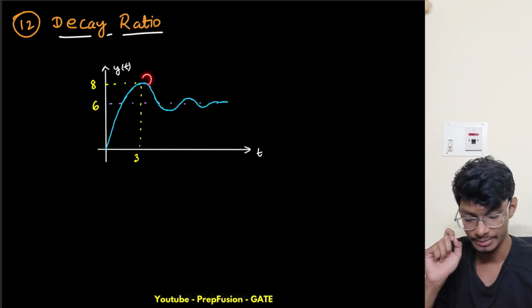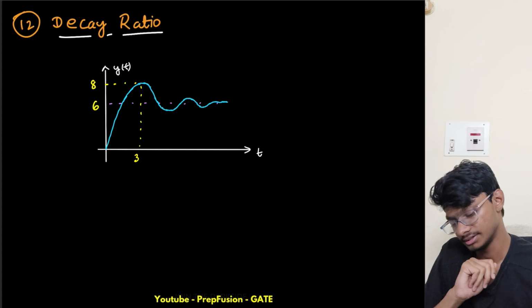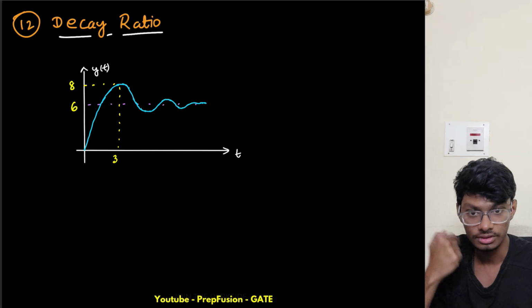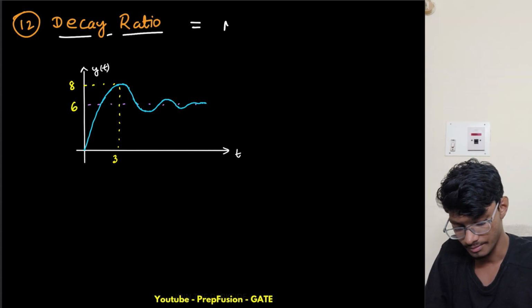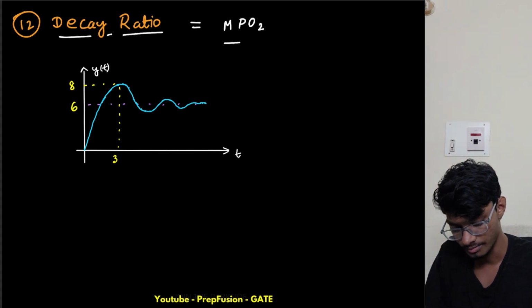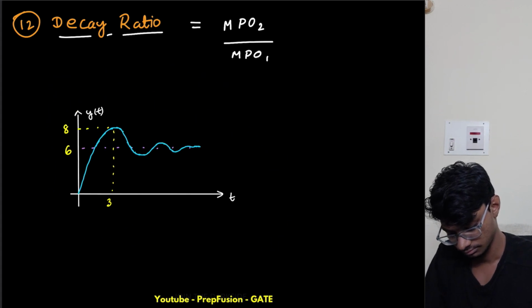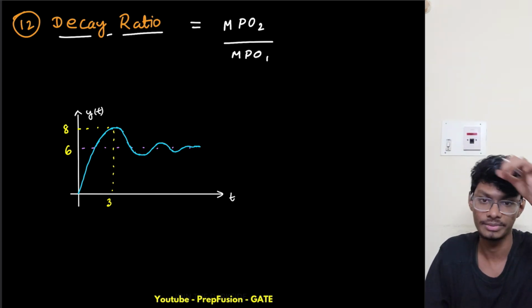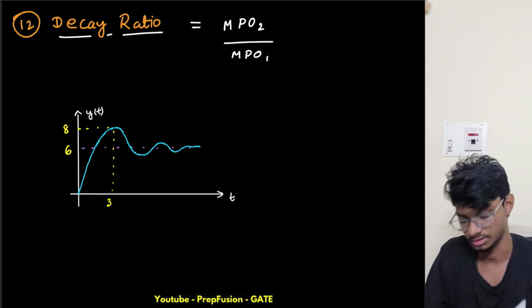What I can represent is my peak is reducing, from the first peak to the second peak. Basically, it is the ratio of the second peak to the first peak, so it is equal to MP2 divided by MP1. You don't have to remember this formula, you can also understand it. Decay means my peak is decaying, that's why it's the second peak divided by the first peak.